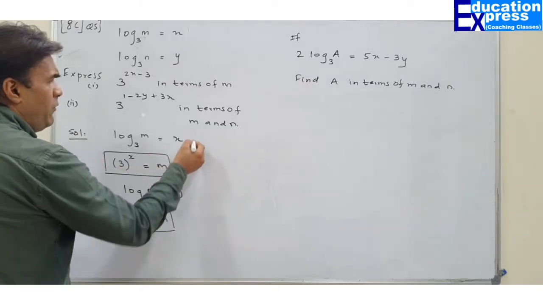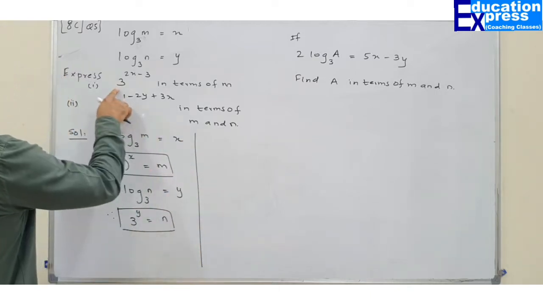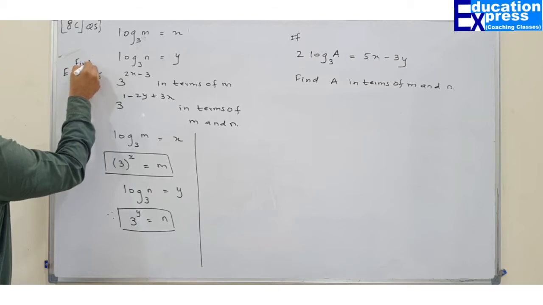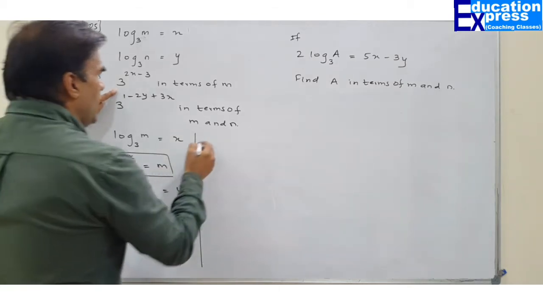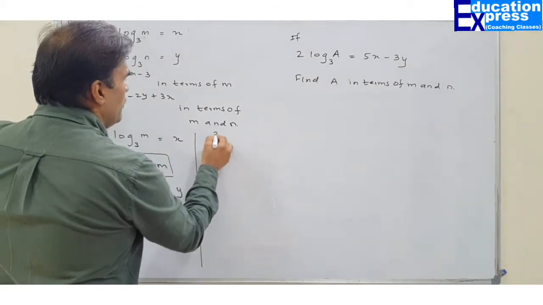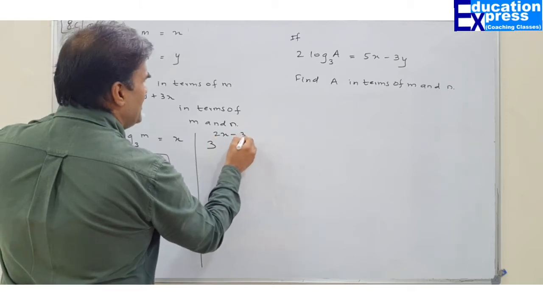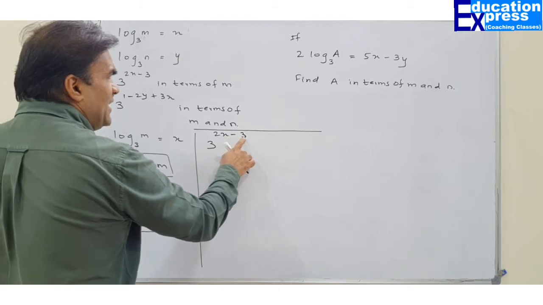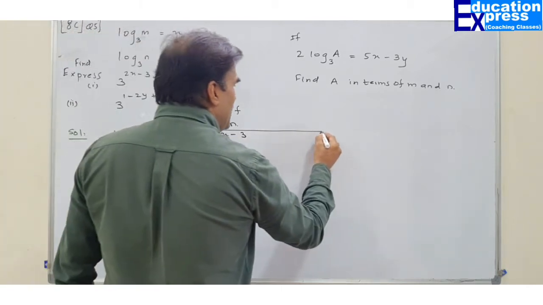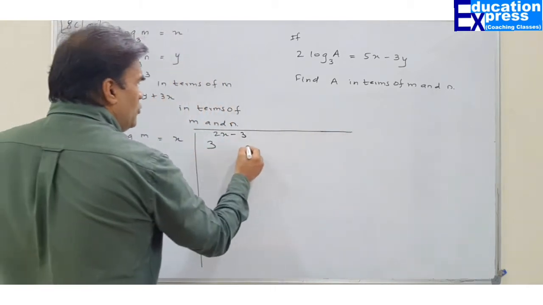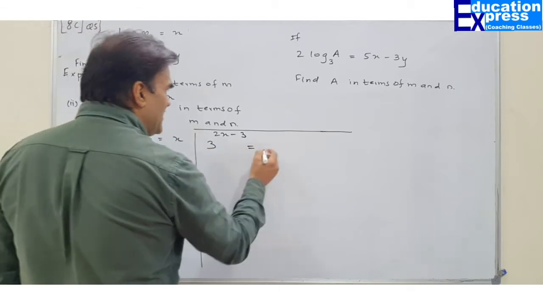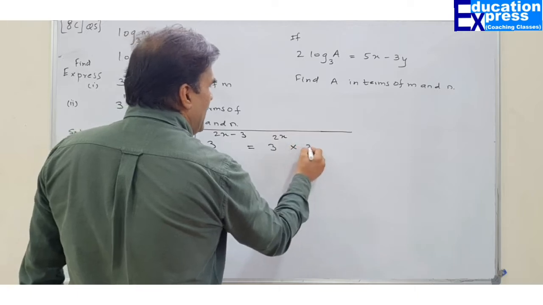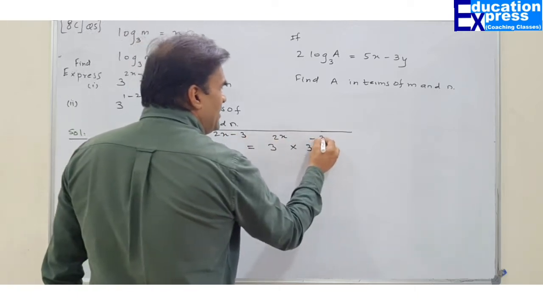What do we have to do now? Sir, we have to find the value of, express. Express means find. Find the value of 3 raised to 2x minus 3. This is given to us in the complex form. Can you change it to the simpler form? Yes, sir. 3 raised to 2x multiplied by 3 raised to minus 3.